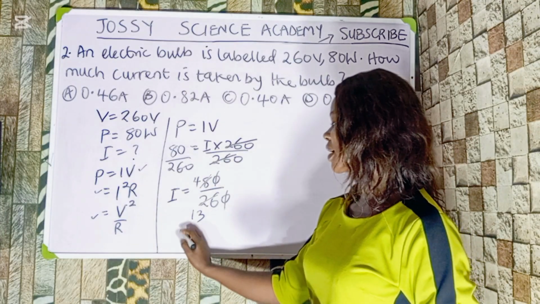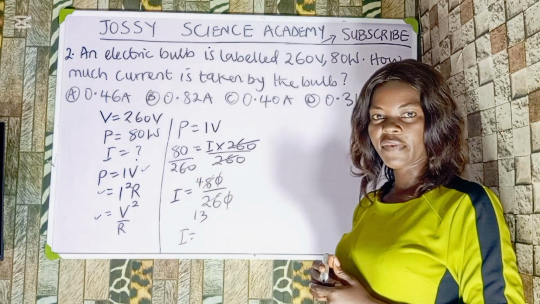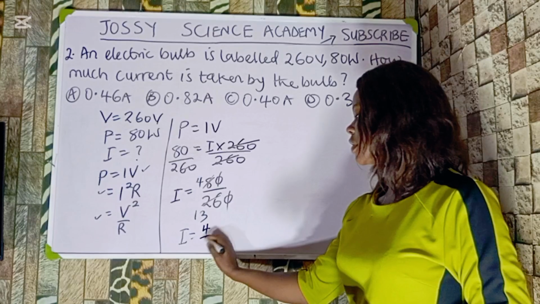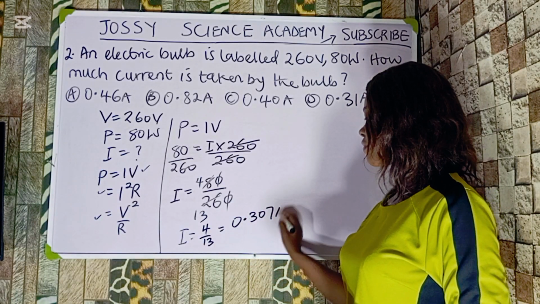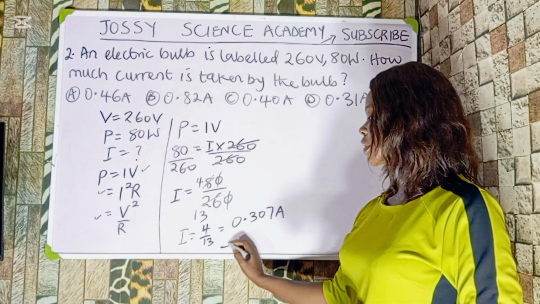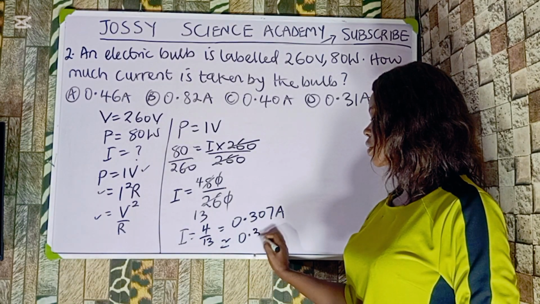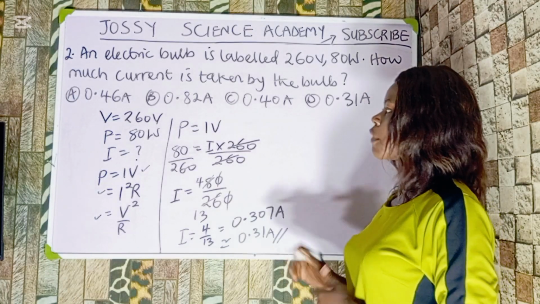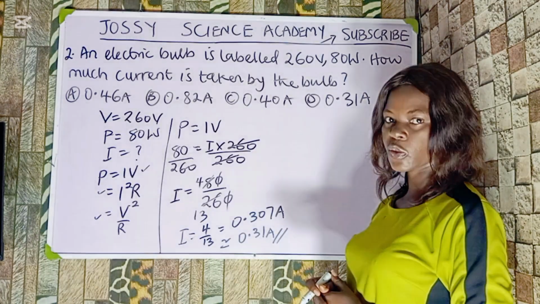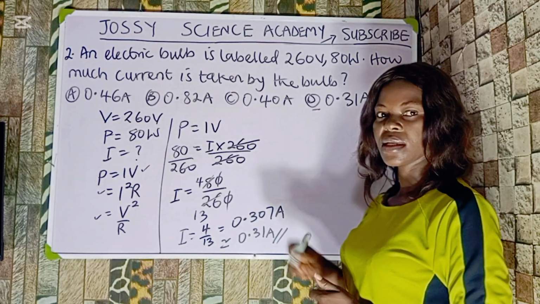So by the time I divide, 4 divided by 13 gives me 0.307 amperes, which approximately becomes 0.31 amperes. Is that clear? So the correct option to this question is option D.